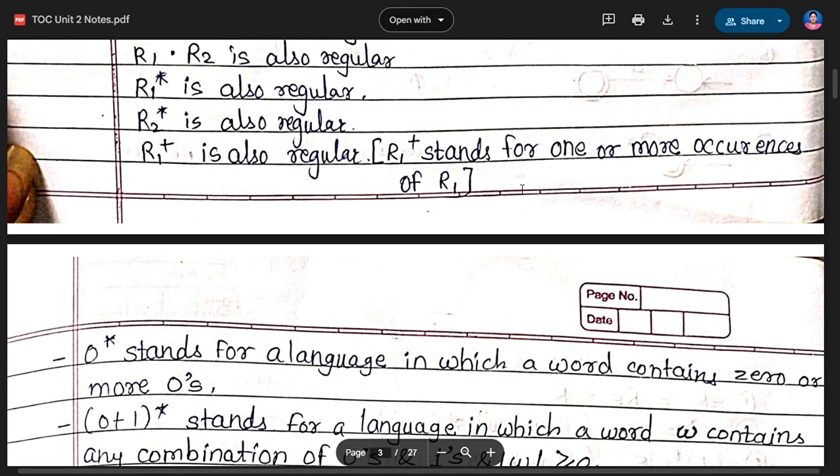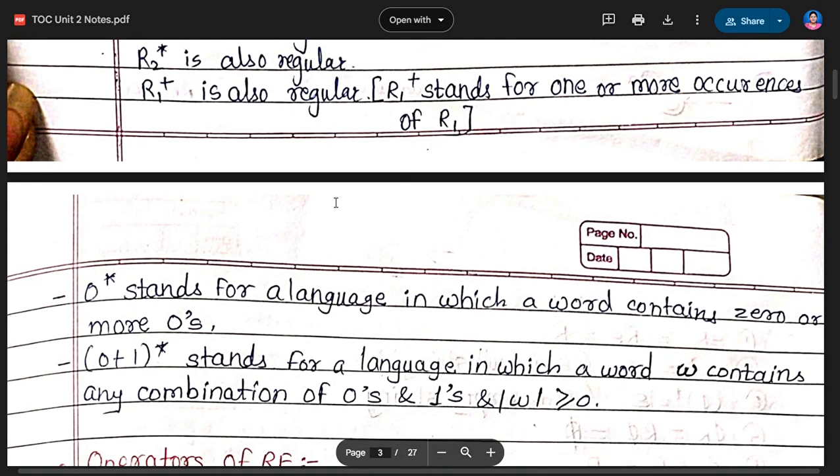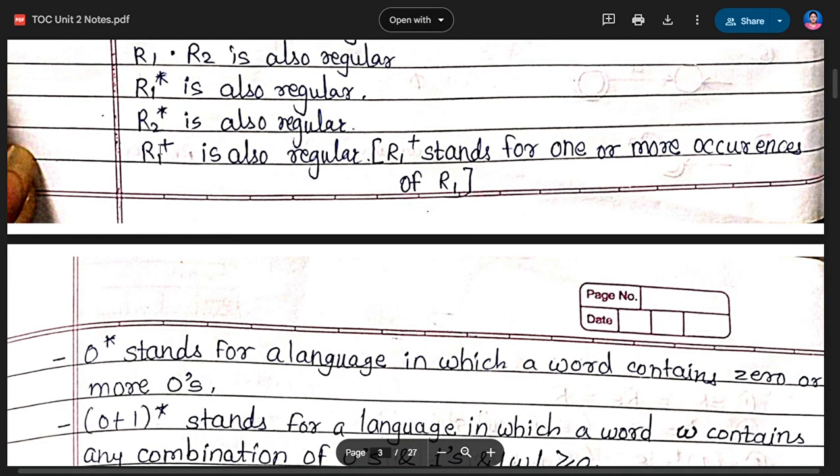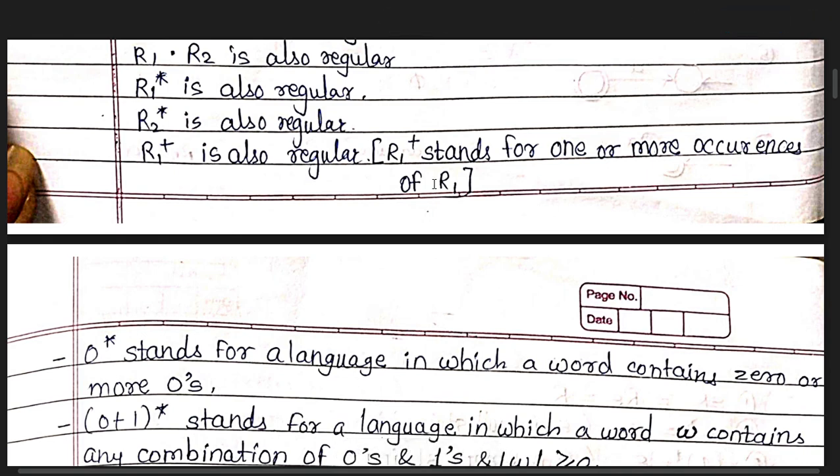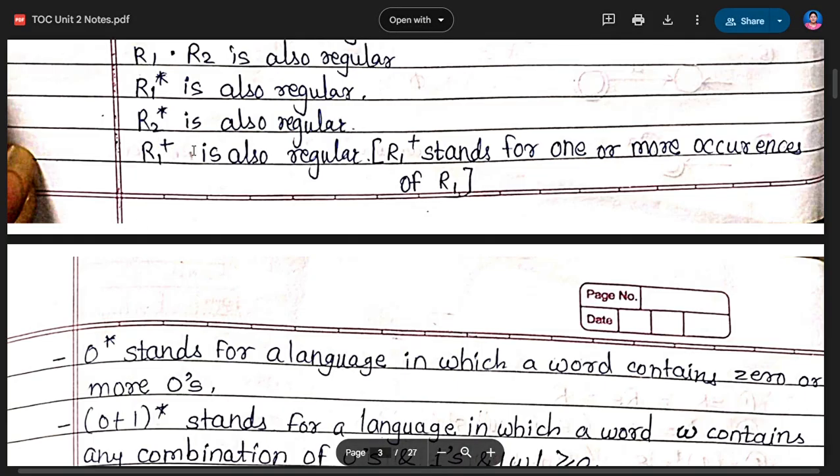In 0 star it starts from epsilon, then 0. But with R1 plus, there is no epsilon.